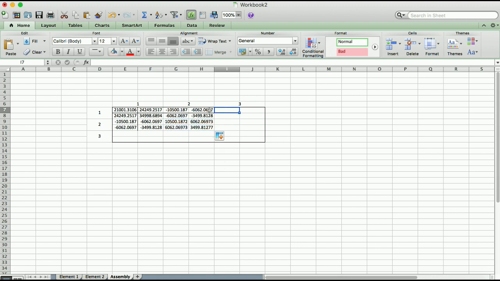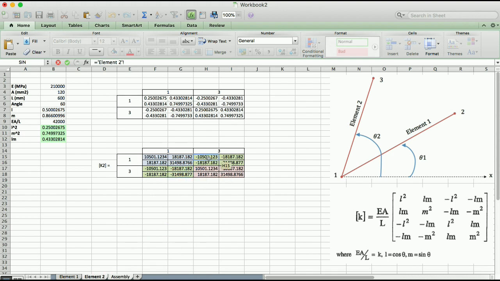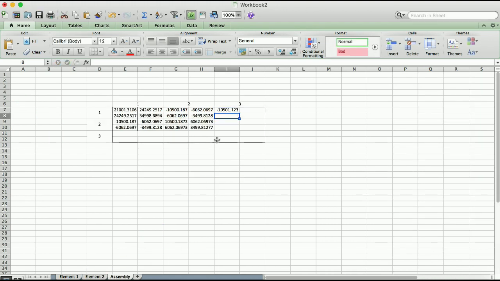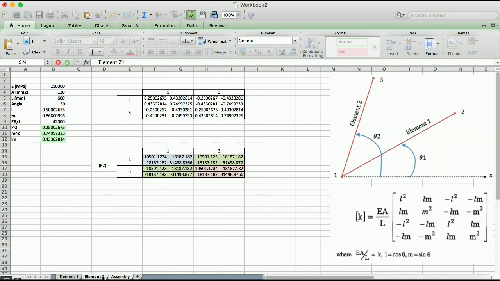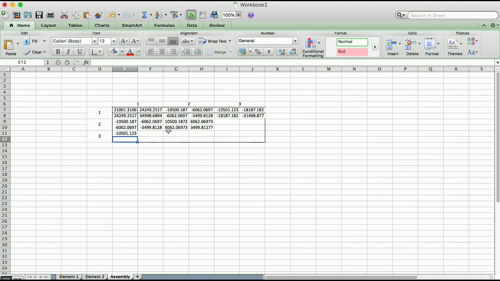Next room is 1, 3 or 3, 1, doesn't matter. It will be taken from element 2 only, because element 1 doesn't have that. And similarly 3, 1 or 1, 3 from element 2, function extended.